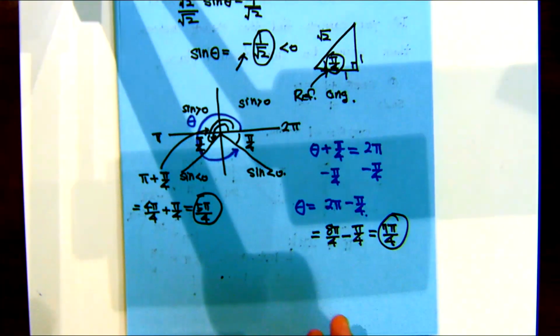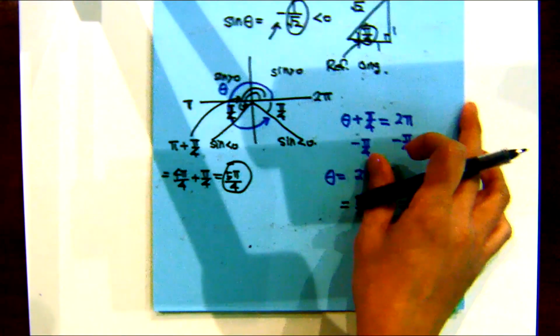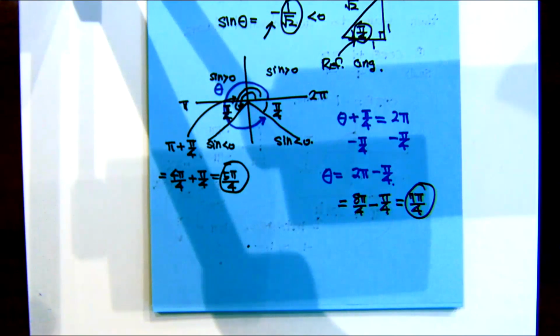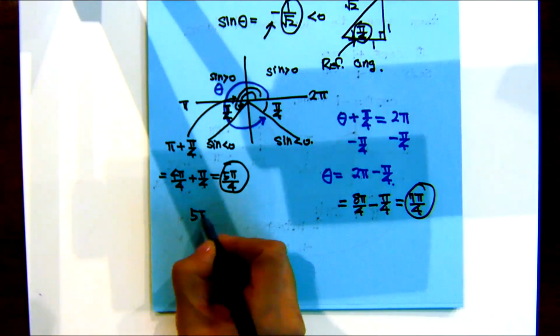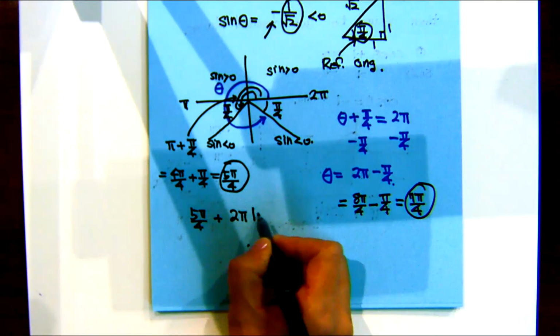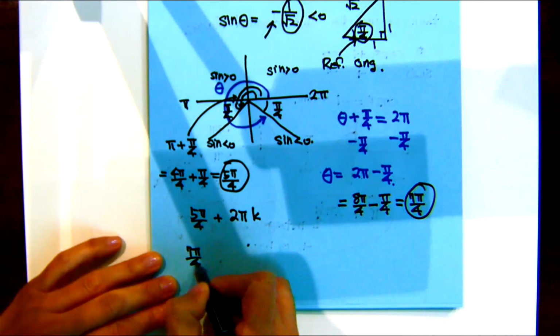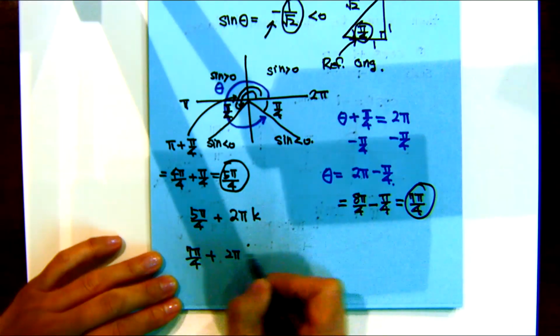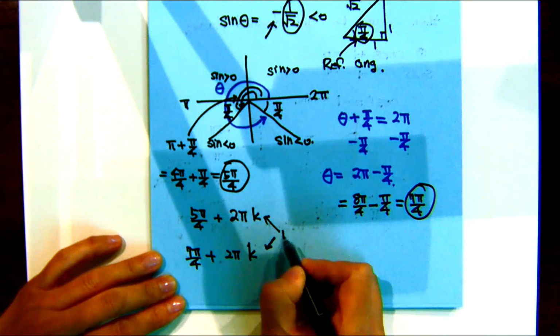And then we have to generalize it because the question asks you to figure out all the angles which satisfy the equation. So we use the period, so 5 pi over 4 plus 2 pi times k, and 7 pi over 4 plus 2 pi times k. Of course, both k's are integers.